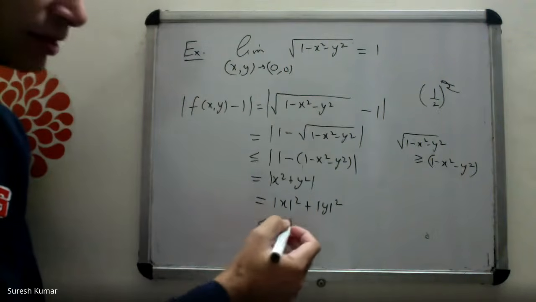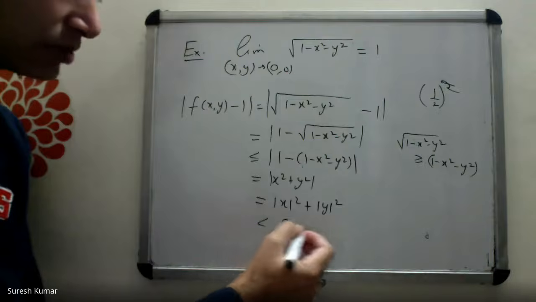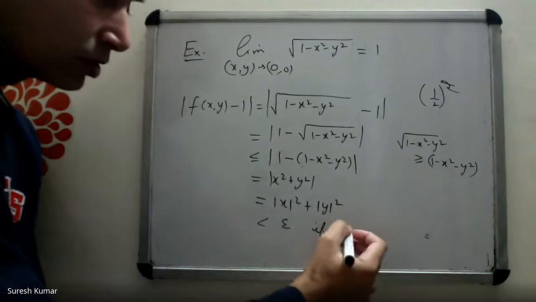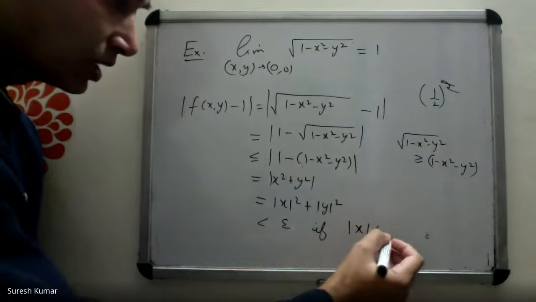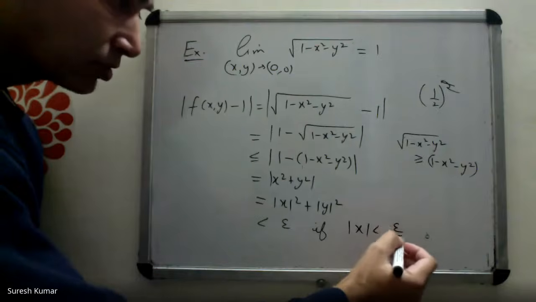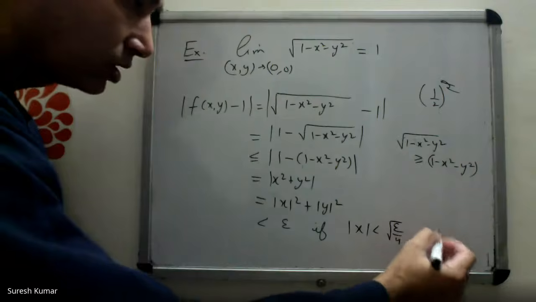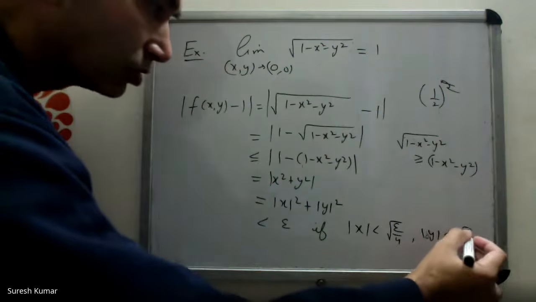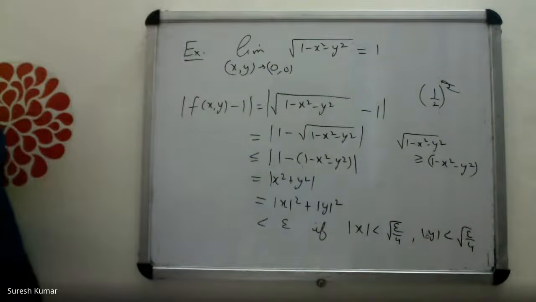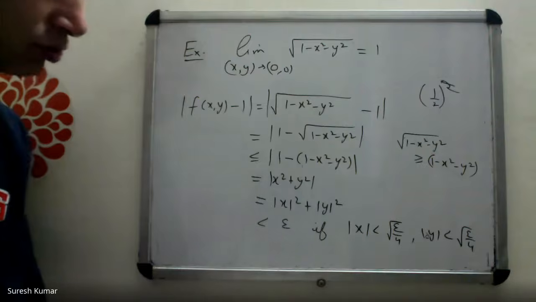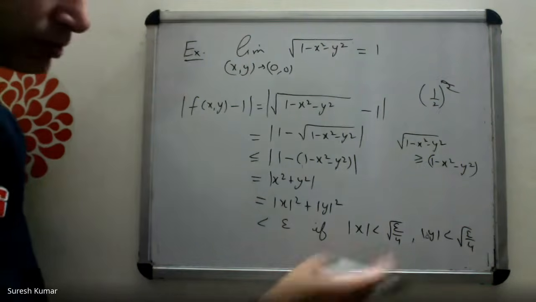This is less than epsilon if mod x is less than root epsilon by 4, and mod y is less than root epsilon by 4. Am I right? Or I should choose epsilon by 2. No, it's fine.